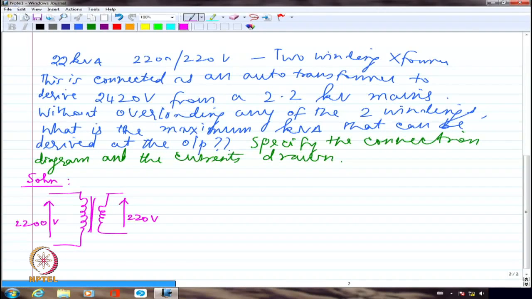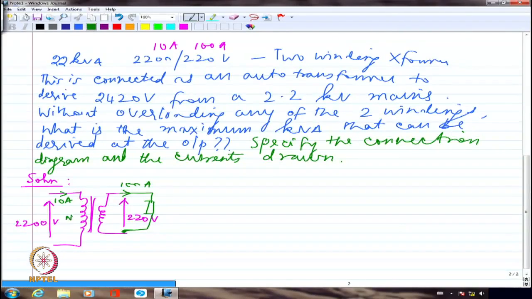That's what it is saying. So let me specify those currents as well. This is going to be 10 ampere and if I connect the load here, whatever is the load value, this is going to be 100 amperes. And let's say this is N1 turns and this is N2 turns. 10:1.